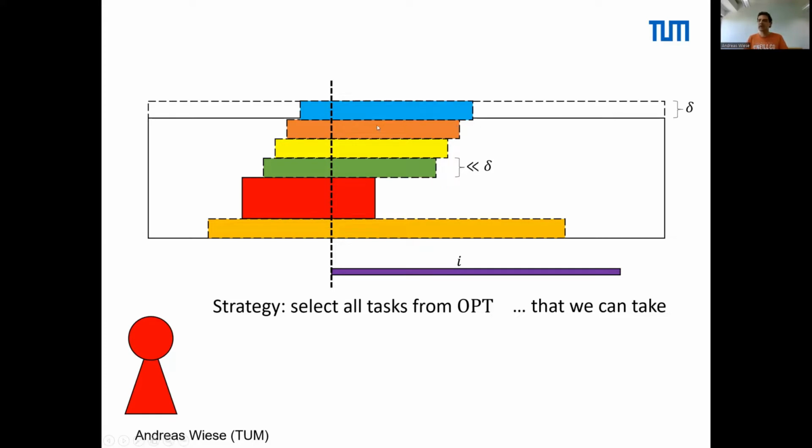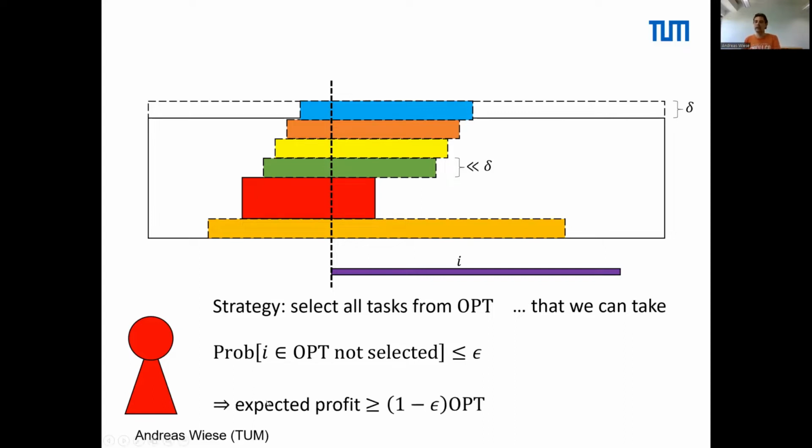And if they do not fit even with this additional capacity, then I can argue, with some concentration arguments, that this happens with only some probability epsilon. Therefore, the probability that any task in opt is not selected is at most epsilon. So my expected profit is essentially opt.